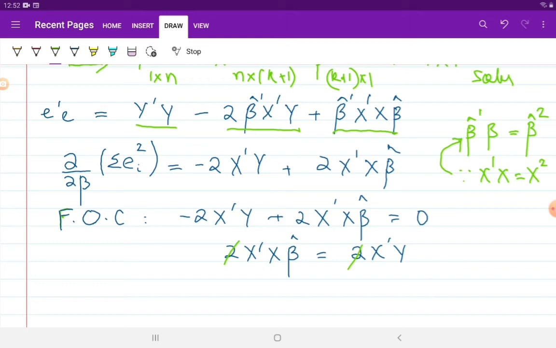Now pre-multiplying x transpose x inverse on the left hand side. Pre-multiplying basically means that you are multiplying on the left hand side. So I pre-multiply with the inverse of x transpose x on the left hand side as well as the right hand side.